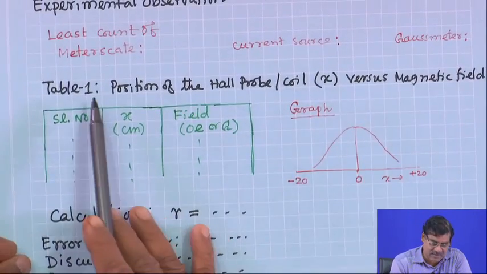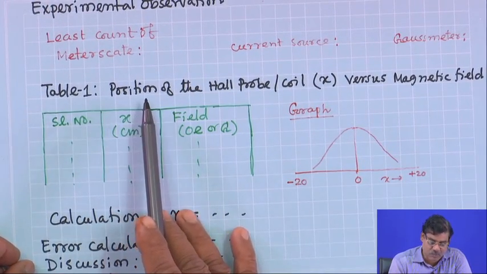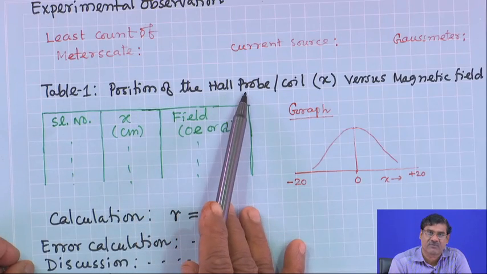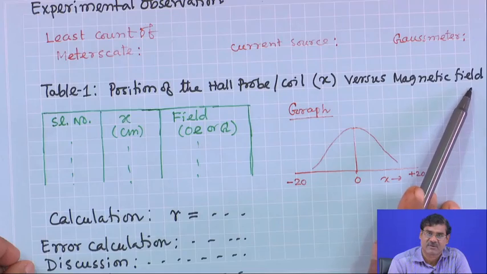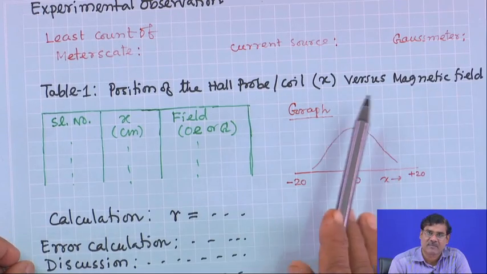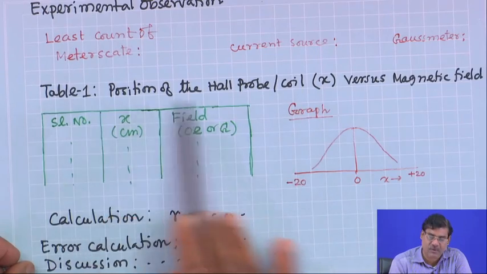Then for this experiment, you just need one table: the position of the Hall probe or coils versus magnetic field. Basically, you have to measure the magnetic field at different distances x from the coil center, for one coil.